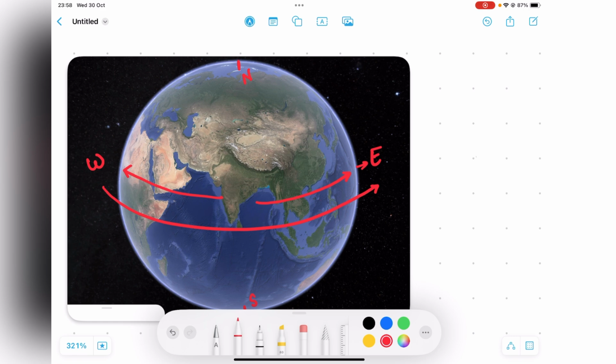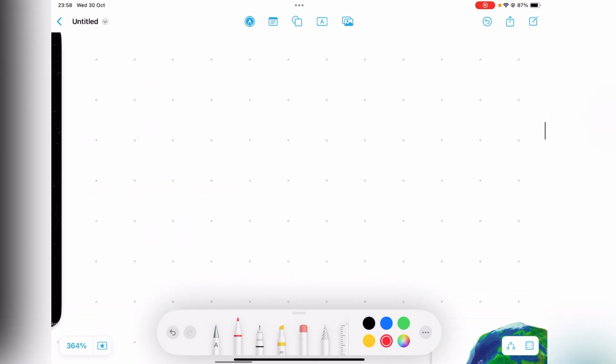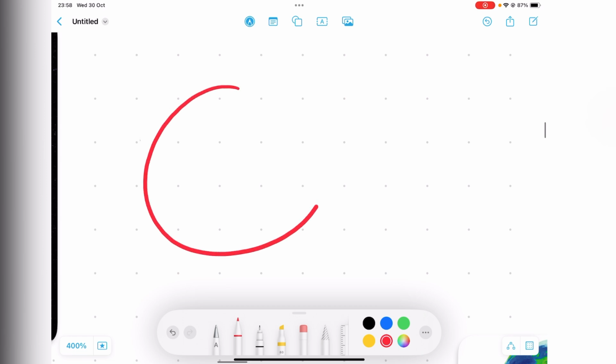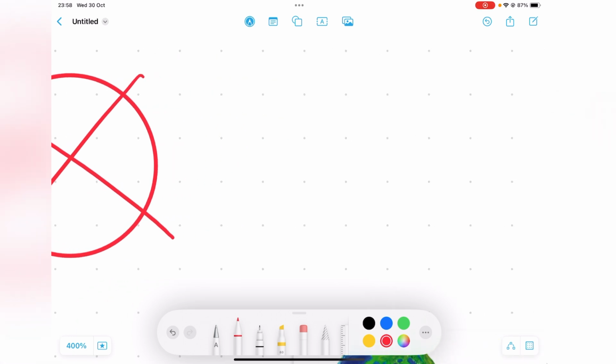Now, because I mentioned that the Earth is rotating, the Earth was essentially a gas cloud. Because of this rotation, because of the centrifugal force, the Earth happens to bulge out a little, right? So this is where we encounter our second problem, that the Earth is not an exact sphere. It is what we call an oblate spheroid.